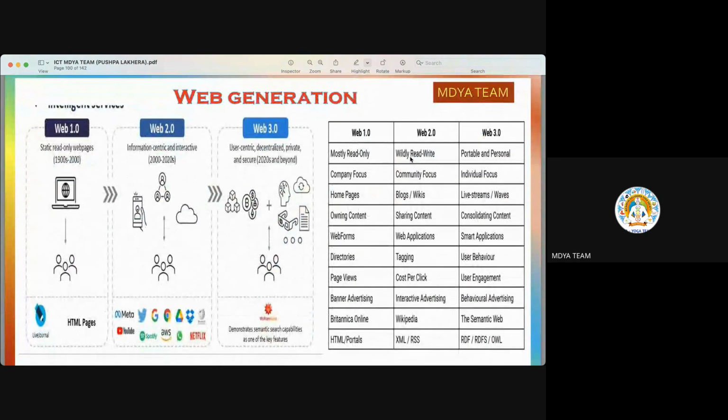Now web generation is also a small topic, so we'll discuss it now. Ma'am, we have a class coming up in 5 minutes. Okay, you are having another class, so you need a 5 minute break. Yes, ma'am. Actually, ma'am messaged that I think today there is no class.